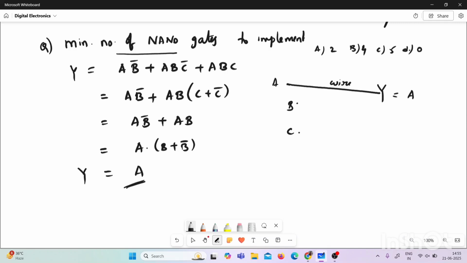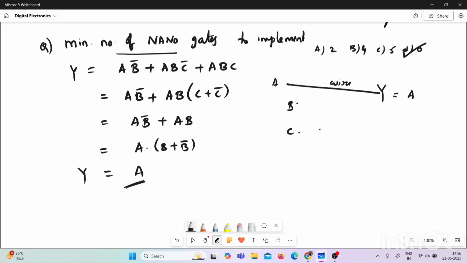While preparing the question, they want to confuse the student. If you implement directly without minimizing this logical expression, you may get 5 or 4. But here, after being given the expression, first we need to minimize it, and then the correct answer is 0. I hope you understand this.